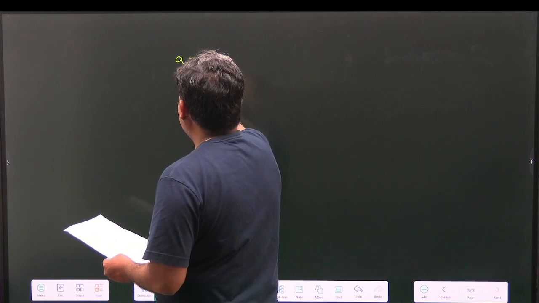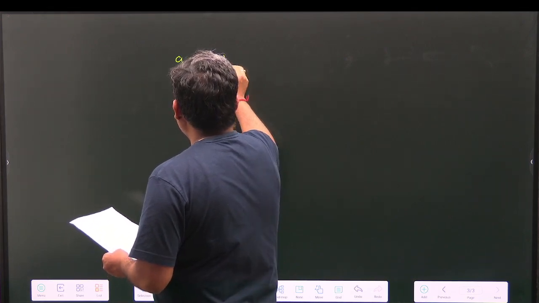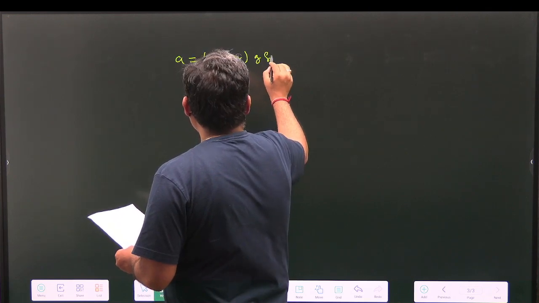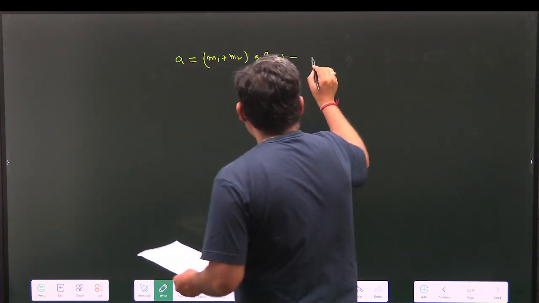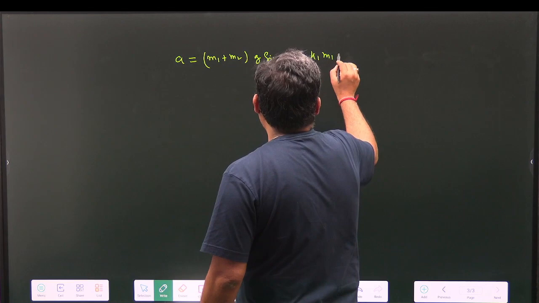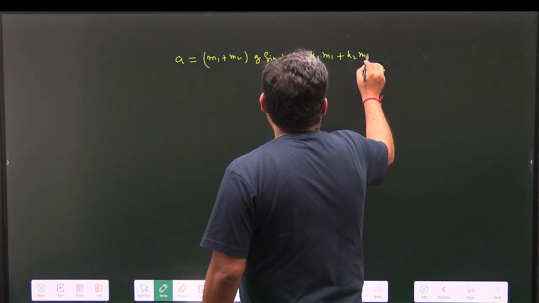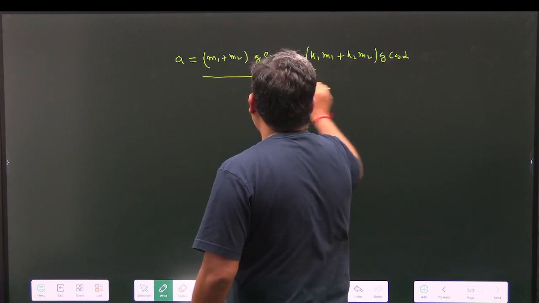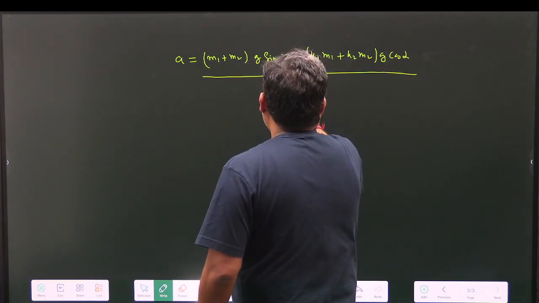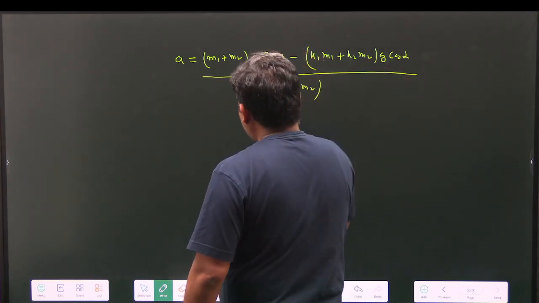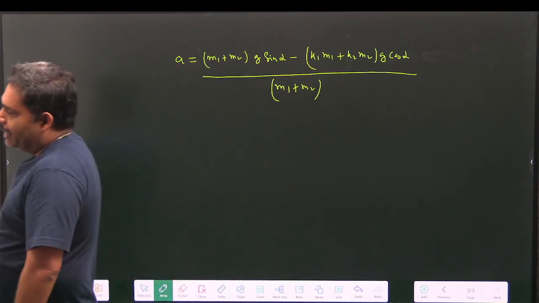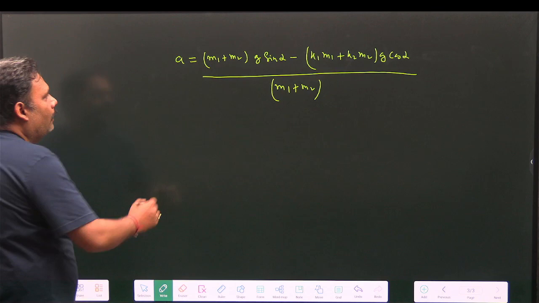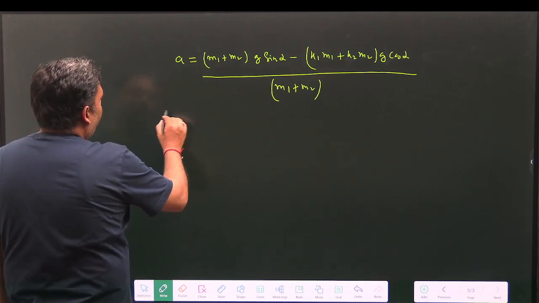My acceleration we have already calculated: it is g sin alpha minus (k1 m1 plus k2 m2) g cos alpha, divided by m1 plus m2. At that critical, minimum value of alpha, what will happen? The acceleration will be 0.